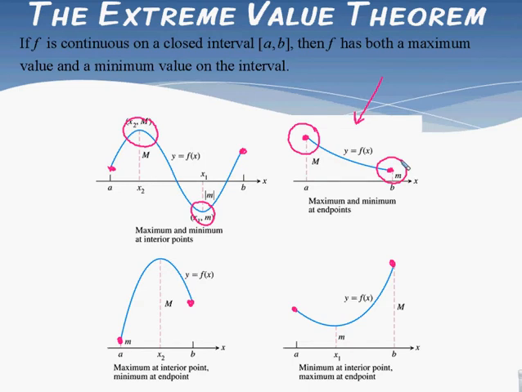In the lower left-hand picture, we have an absolute max up here at x sub 2, and then an absolute min at x equals a. And then in the lower right-hand picture, we have an absolute min at x sub 1, and then an absolute maximum at x equals b.